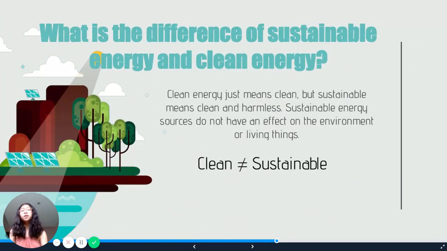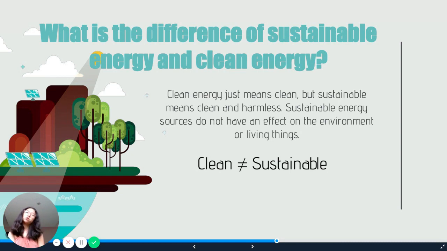Following on to that, what is the difference between sustainable and clean energy? Clean energy just means clean, so it's pretty straightforward. But sustainable means clean and harmless, so sustainable energy sources do not have an effect on the environment or living things.